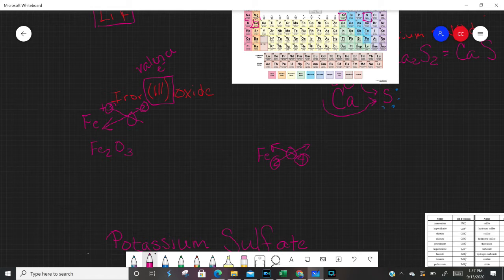And I know when I write the name of this one, it needs the Roman numerals because iron is one of our transition elements. Anything that's written in there must have it.